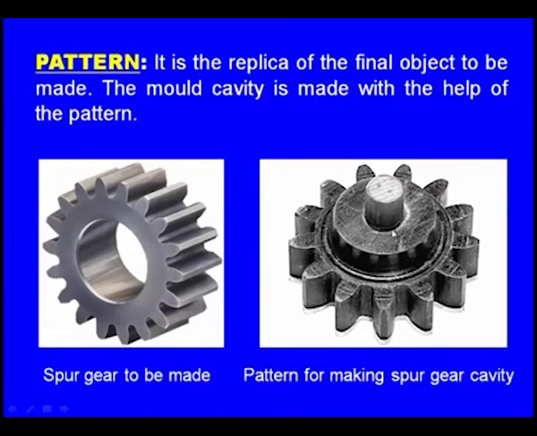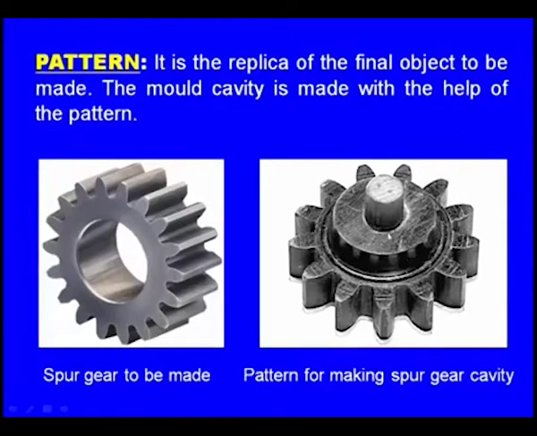This pattern will be kept inside the moulding box, and moulding sand will be compacted around it. Of course, we use two moulding boxes, and afterwards we withdraw this pattern from the sand mould. Then a hollow cavity is created whose shape is similar to the spur gear. Then we pour the molten metal. So, pattern is the model for creating the hollow cavity inside the sand mould.